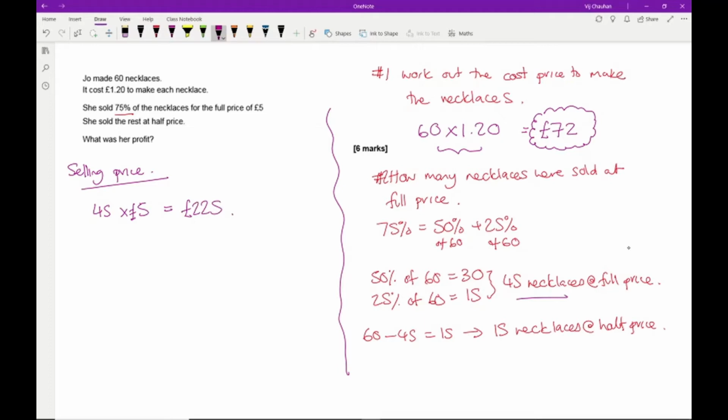Then she sold 15 necklaces at half price. If full price is £5, then half price is £2.50. So she sold 15 necklaces at £2.50. 15 times 2.5 works out to be £37.50.